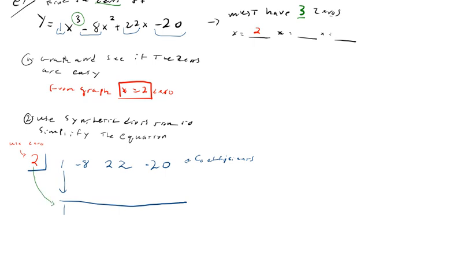And I keep going. Multiply. 2 times -6 is -12. And add. 22 plus -12 is going to be +10. Multiply 2 times 10 is going to be 20. Add 20 and -20, I get a 0 here.